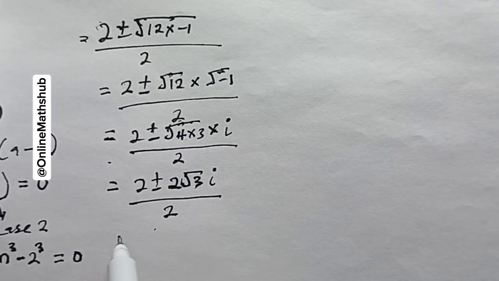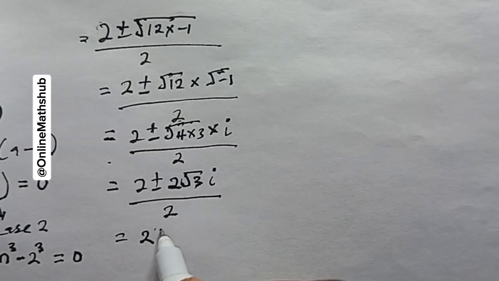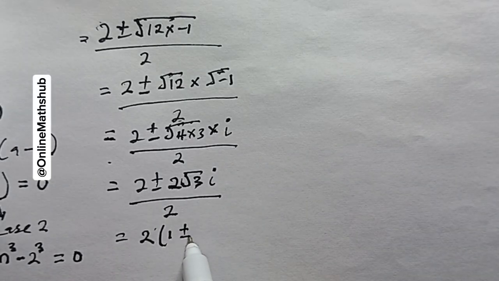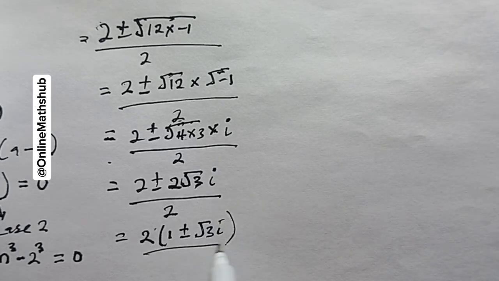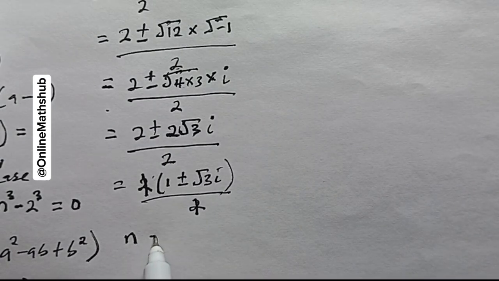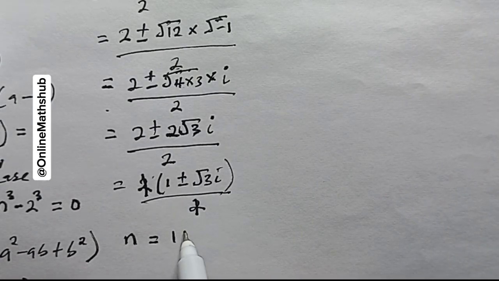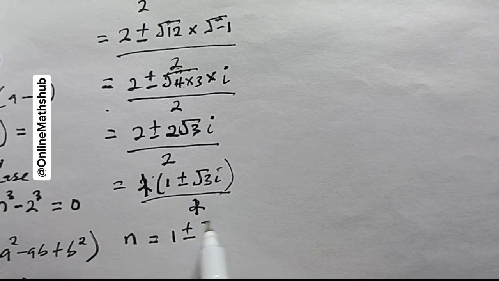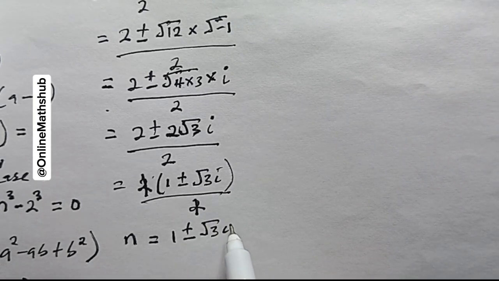Since 2 is common here, we can factor 2 out. Bring it out here, so we have 1 plus or minus root 3i, all divided by 2. So this 2 can cancel this, and then n eventually becomes 1 plus or minus root 3i.